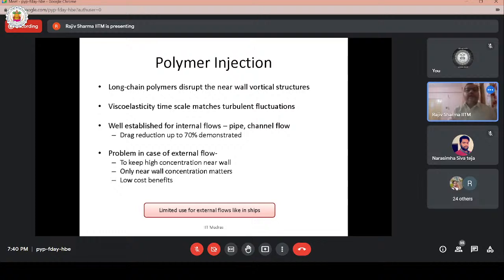In the case of aircraft and ships, it really doesn't offer a cost benefit. So polymer injection has limited use for external flow structures like ships, aircraft, even cars.